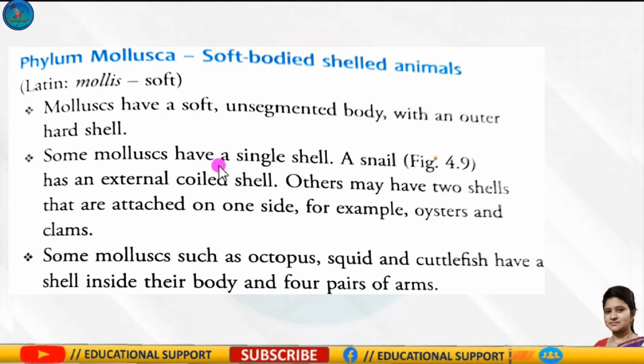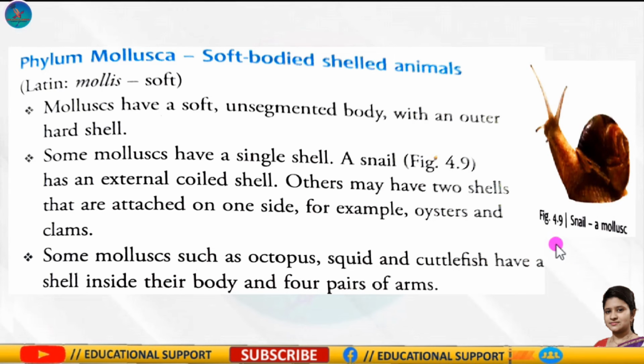Some molluscs have a single shell. A shell has an external coiled shell and others may have 2 shells that are attached on one side. For example, oysters and clams. And some molluscs such as octopus, squid and cuttlefish have a shell inside the body and 4 pairs of arms. You can see this in figure 4.9.